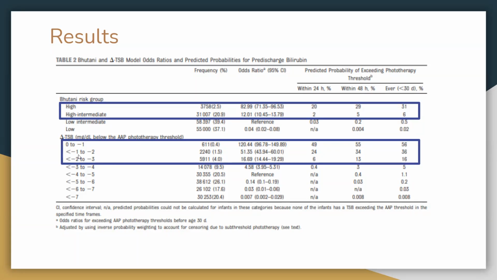Similarly, looking at the subsequent categories, you see that there's a significant drop off once you're greater than 3 below your phototherapy threshold. You're only looking at about 0.4% or 3%, depending on if they follow up at the 24 or the 48 hour mark. You see that the data is actually pretty impressive looking at your confidence intervals, that it looks like all the data that they found is actually pretty significant.